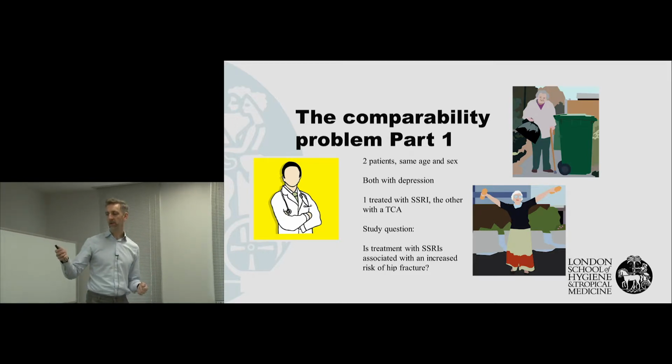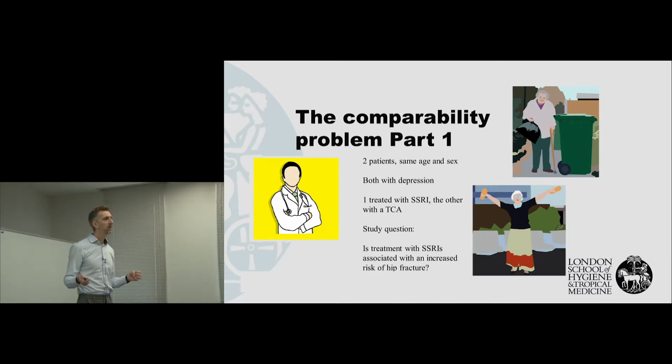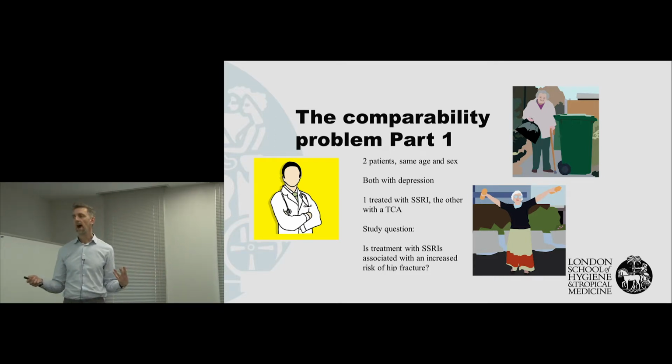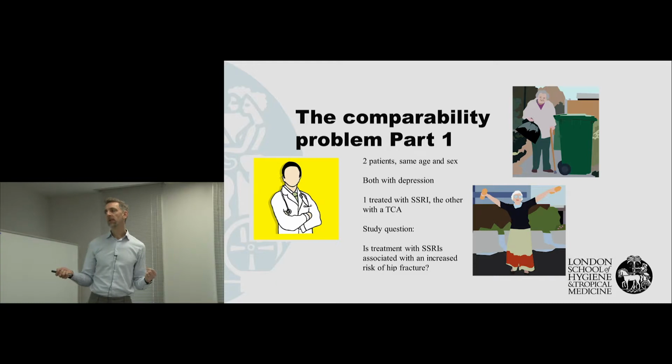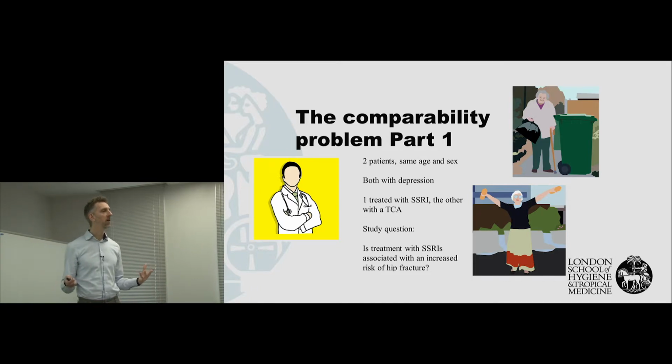Now let's imagine that the doctor decides to give one of them an SSRI antidepressant and the other one a tricyclic antidepressant. These are two different classes of antidepressant, and let's imagine that we as researchers want to know: is treatment with SSRIs, compared with tricyclics, associated with an increased risk of hip fracture?